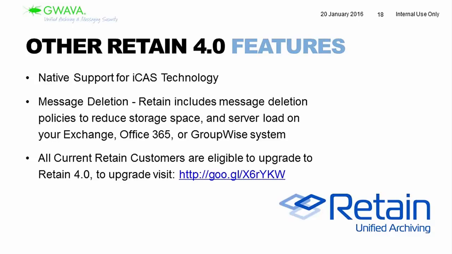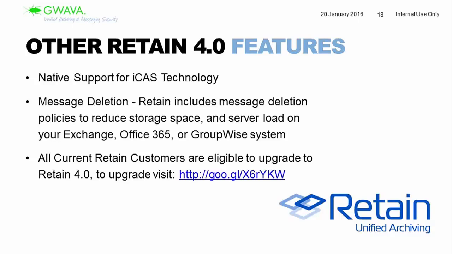Furthermore, there's a portion called message deletion. This allows you to create policies and reduce storage space and server load on Exchange, Office 365, or GroupWise. I know this has been a much requested feature: from within Retain you can create policies to delete the messages off of Exchange, Office 365, or GroupWise, depending on what you want.